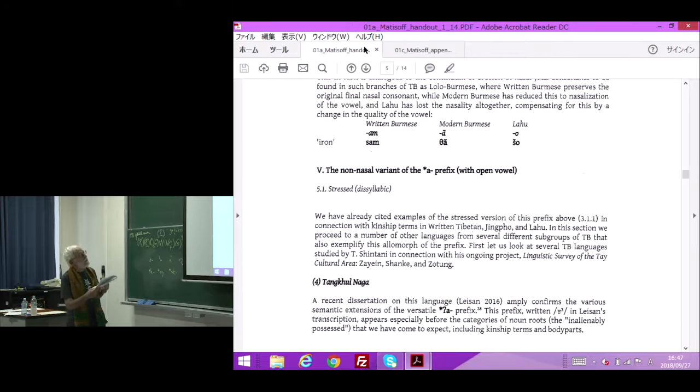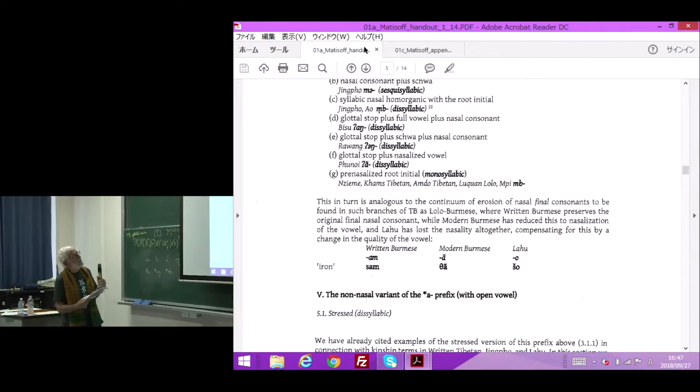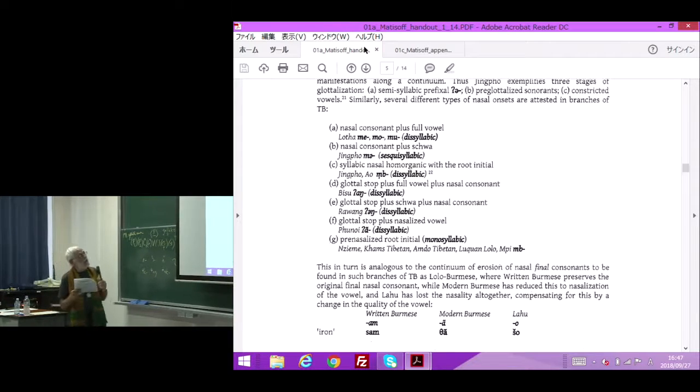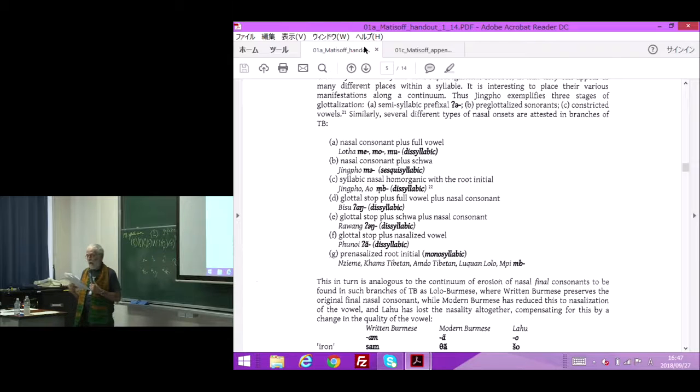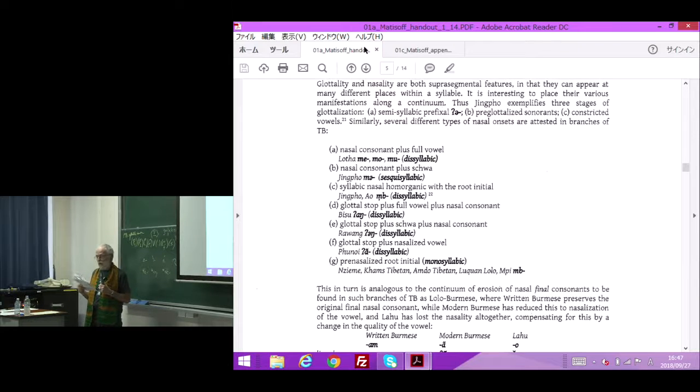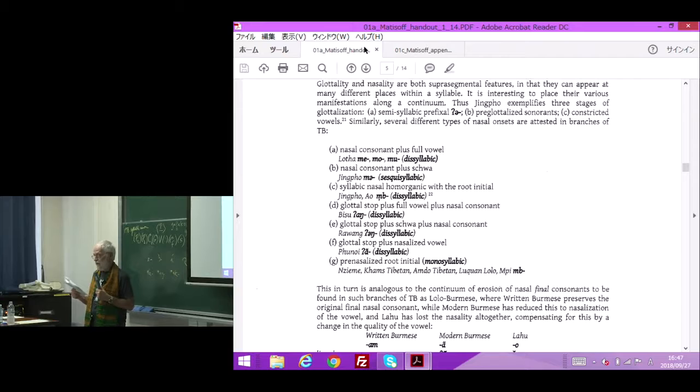Sometimes you get a nasal consonant plus schwa, like m in Jingpo, a very common prefix. Sometimes you get a syllabic nasal homorganic with a root initial, like mb, which you also get in Jingpo.